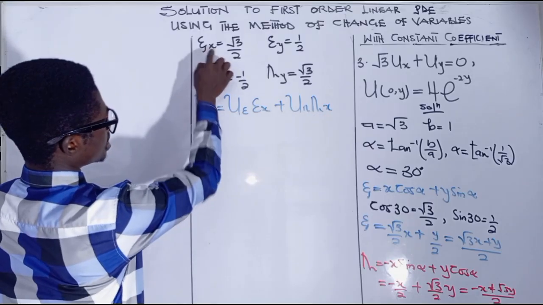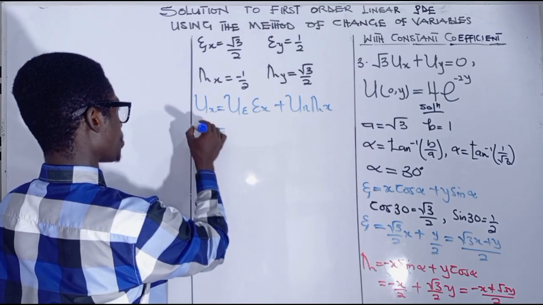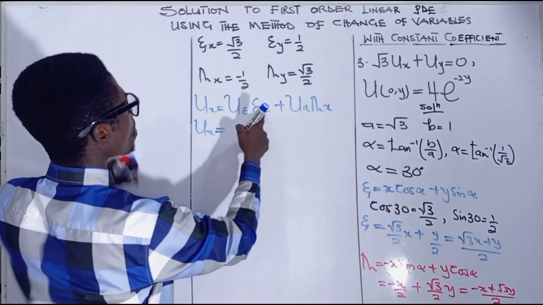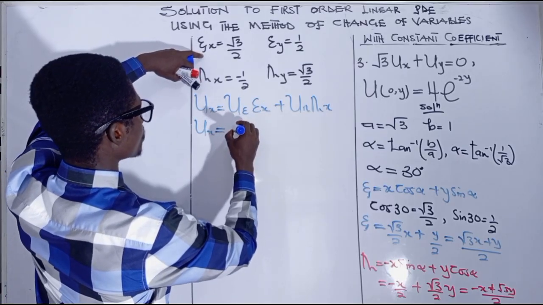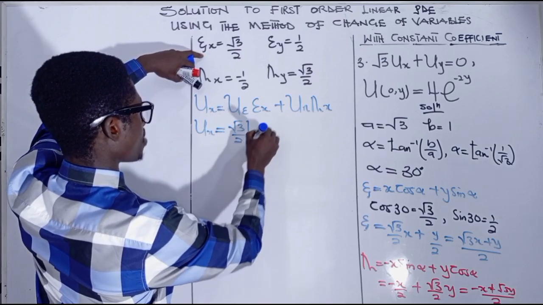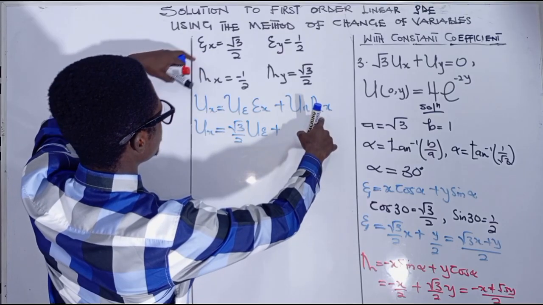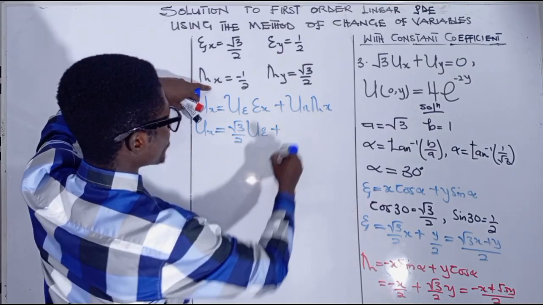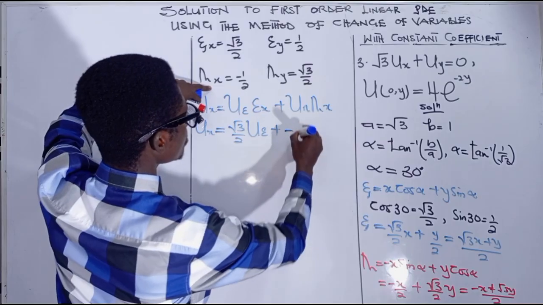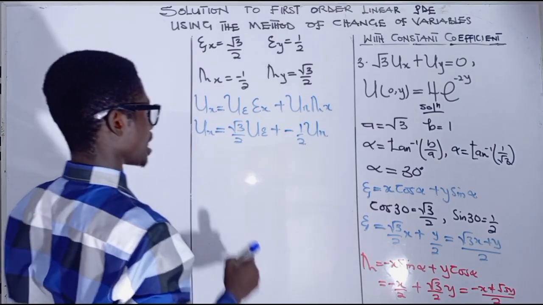Since we have xi x and then eta x, we are just going to plug in. So we have our ux is equal to xi x, we have root 3 all over 2, and then we have u xi. Then we have plus eta x. So this is eta x. We have minus 1 over 2, and then we have u eta.